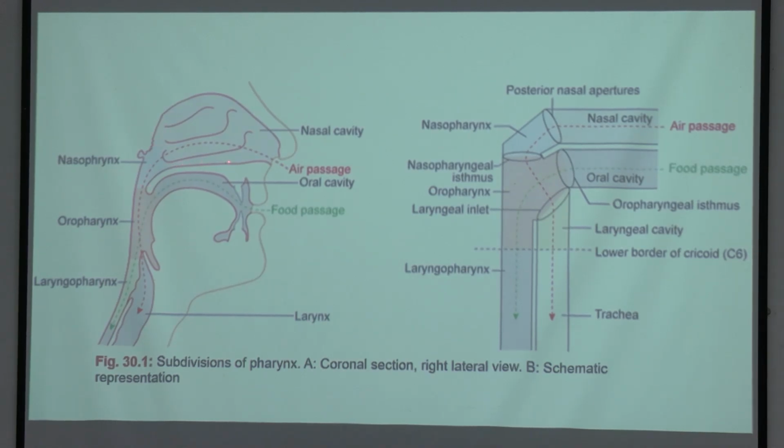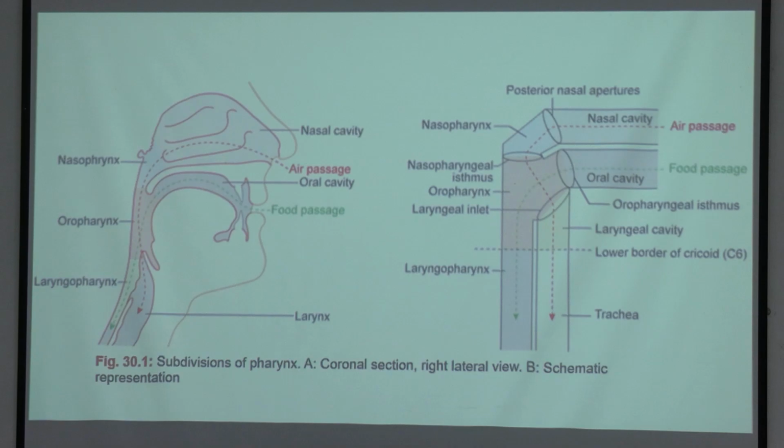And the lower limit is formed by the soft palate. The soft palate and the posterior pharyngeal wall form an aperture, which we call the nasopharyngeal isthmus.